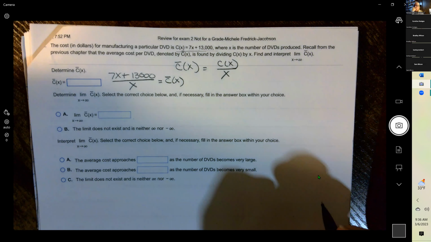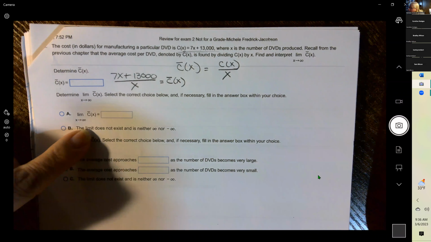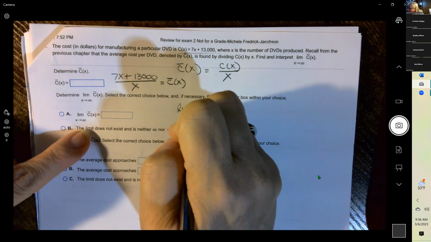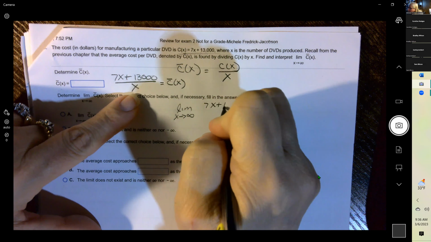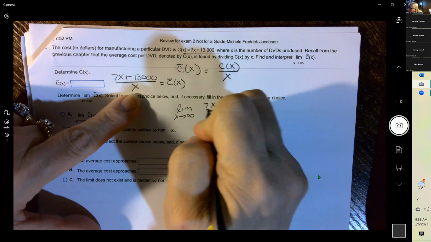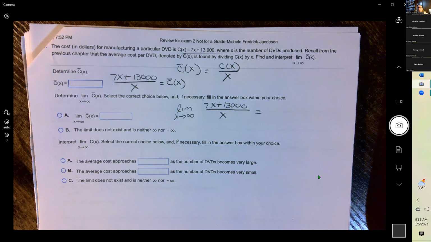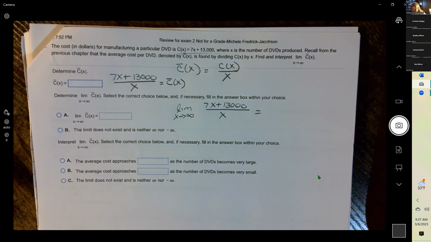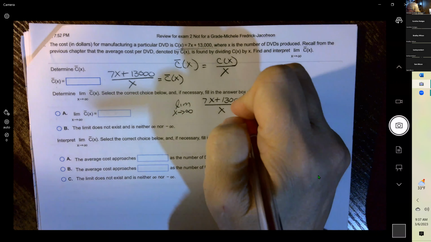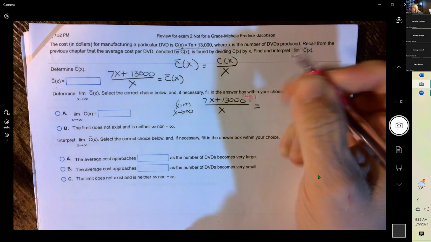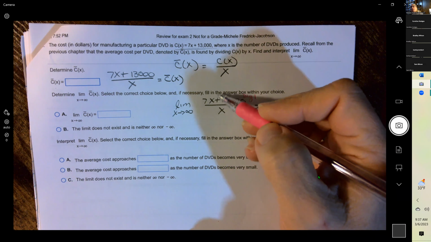Any questions? Okay, limits to infinity. For limits to infinity, we look at the degree of the top and the degree of the bottom. What is the degree of the top? Anyone? It's your largest exponent, which in this case is a 1.